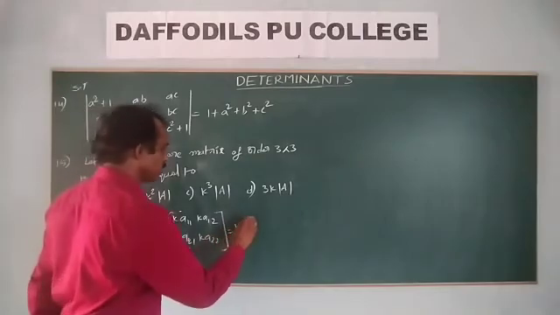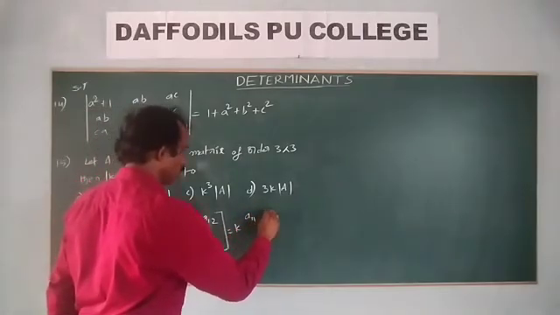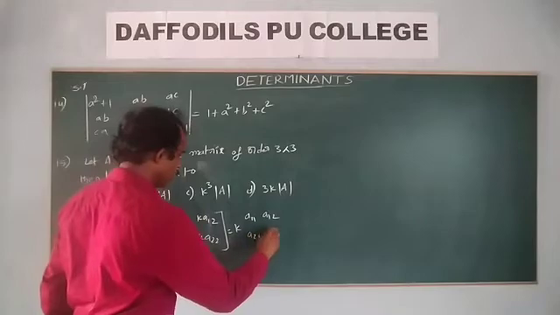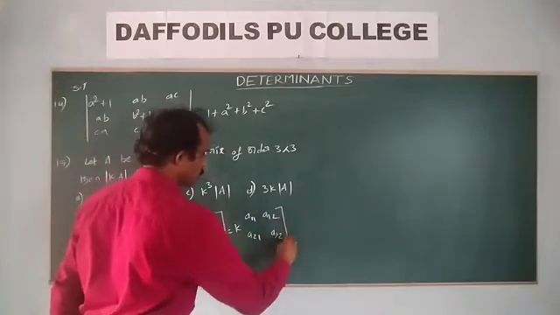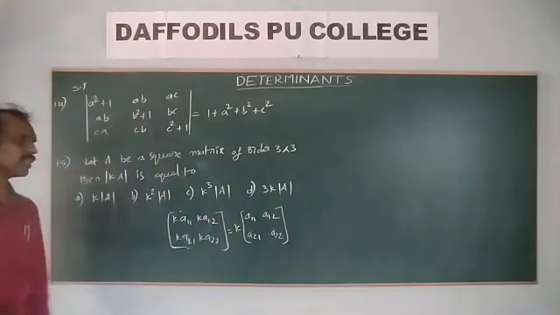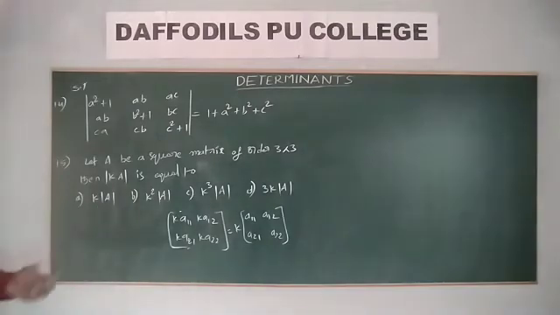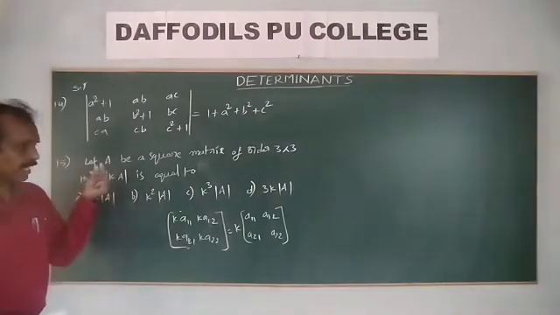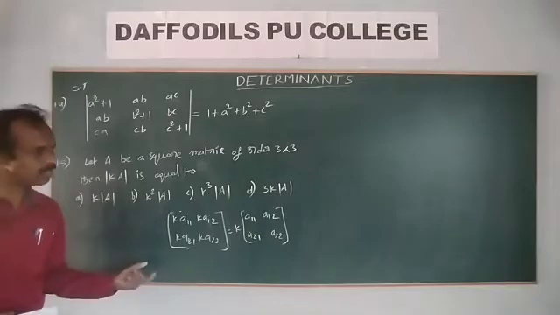The answer is k of A11, A12, A21, A22. But the determinant is not like that. It is possible only to take k common from any one row or any one column.